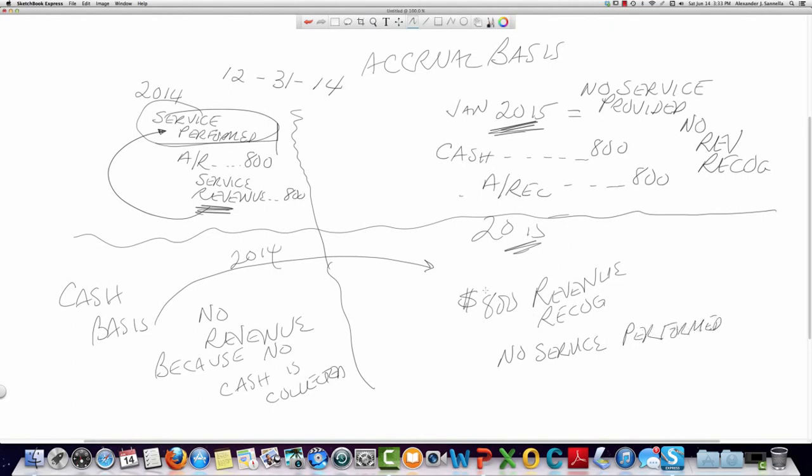This makes absolutely no sense. You've got service performed, but no revenue. Here, no service performed and revenues recognized. So this is why cash basis is not permitted under GAAP, and the accrual basis is what we must use under generally accepted accounting principles.